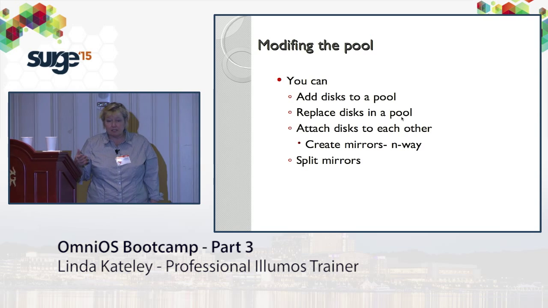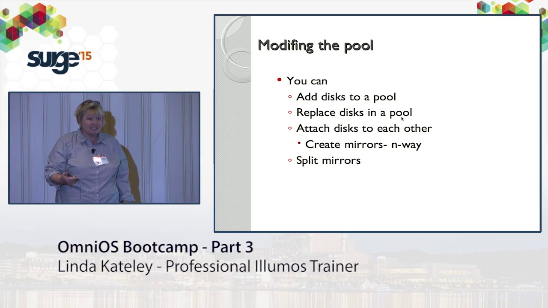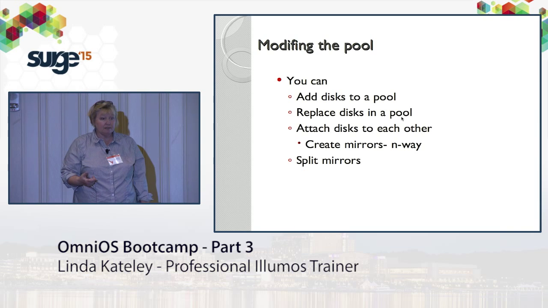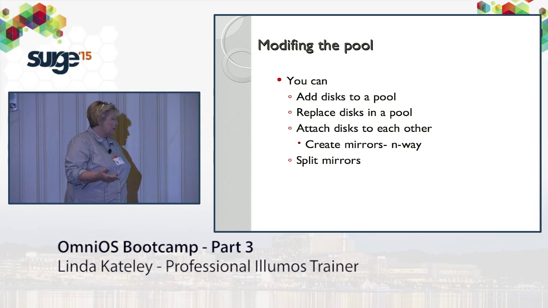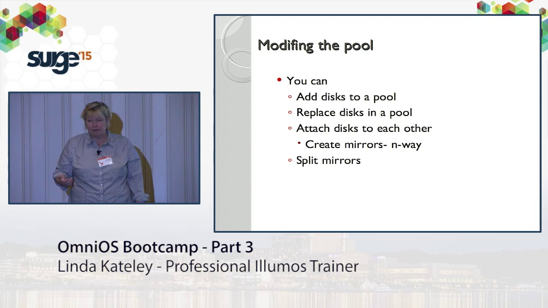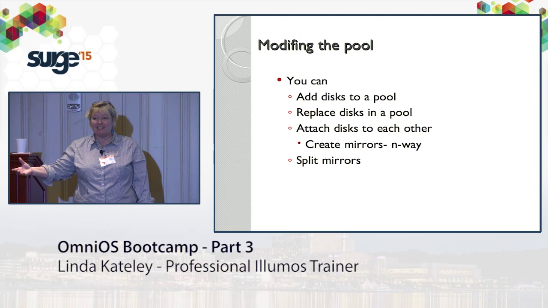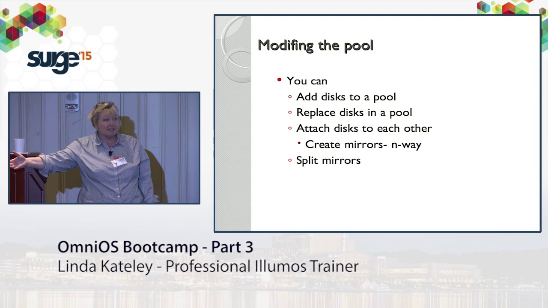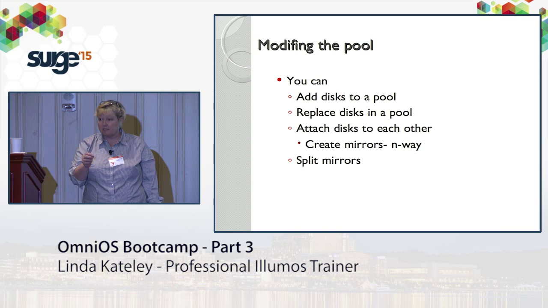So some of the other things that you can do dynamically, you can add additional disks into the pool. You can replace disks. On the command line, you just say, replace this disk with this disk. Usually you don't have an extra disk in your pool that you can just say, hey, replace this disk with this disk. The other two commands that they have are offline and online.